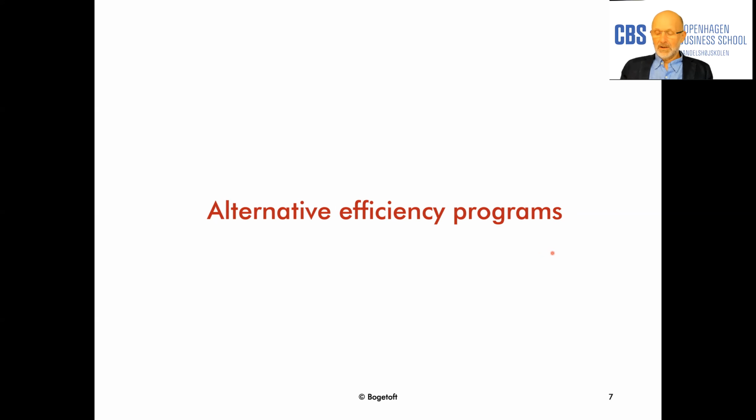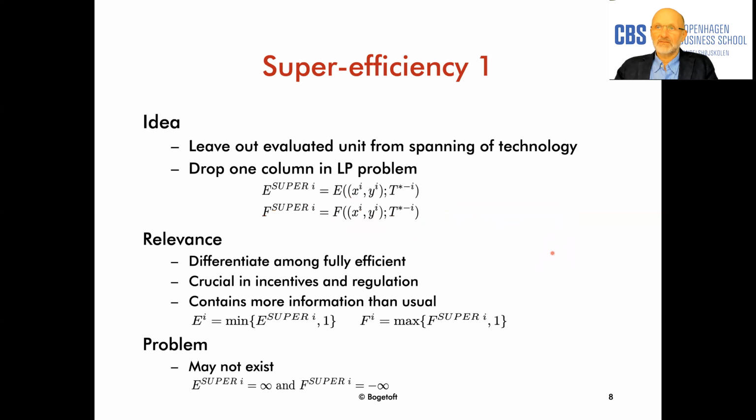presentation. Now, we talked a lot about different ways to measure efficiency already in the efficiency measures presentation. And we also talked a little bit about how to implement Farrell efficiency in the DEA program. What I want to do now is introduce one new efficiency concept, namely that of super efficiency.